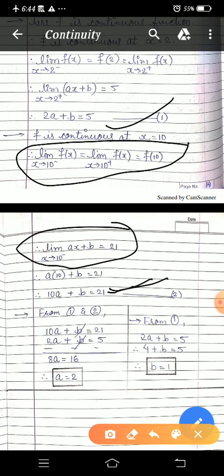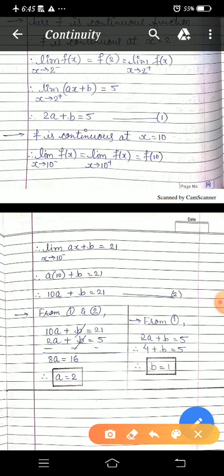So we are going to subtract both equations directly. So we take 10a plus b equals 21 and 2a plus b equals 5. By changing the signs of the second equation, it will be 8a equals 16, that means a equals 2.